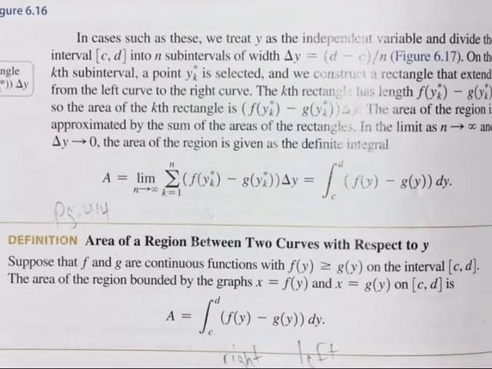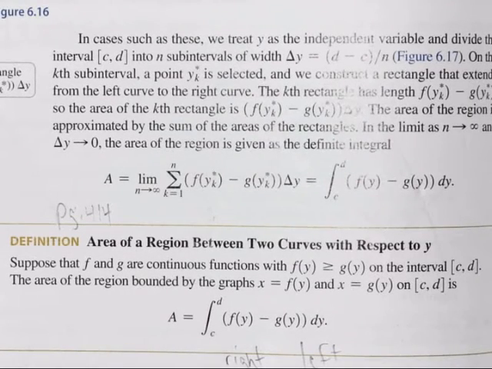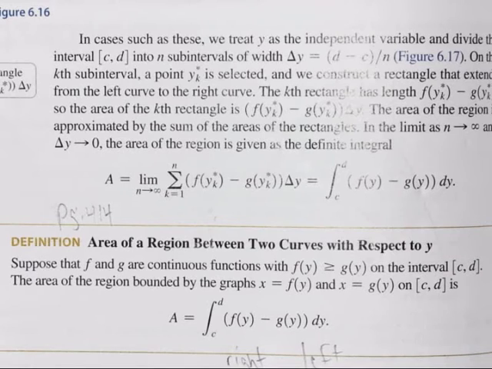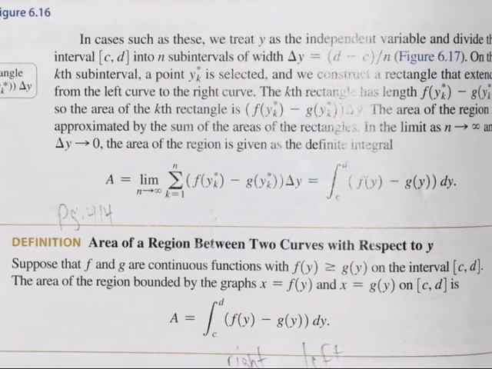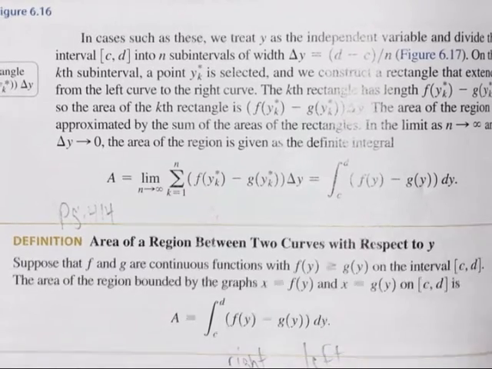When we subtract those, we get the length of those rectangles, and by doing the integration we're essentially doing Riemann sums much more quickly and efficiently, adding all of those rectangle areas up together.